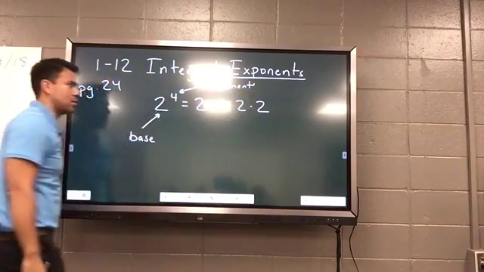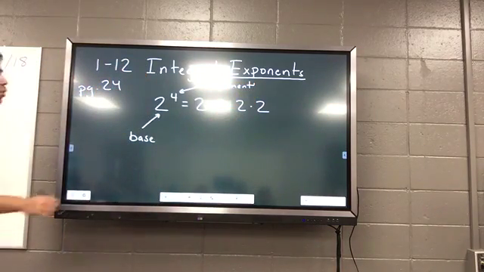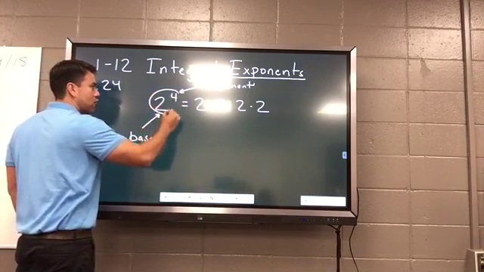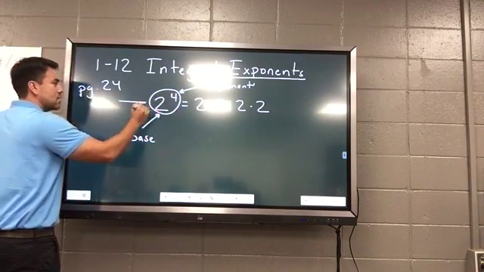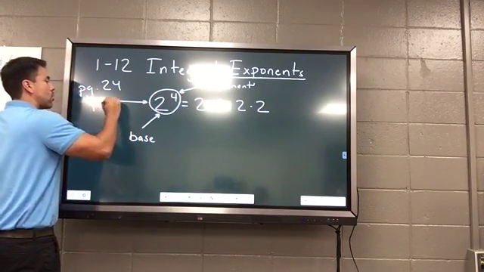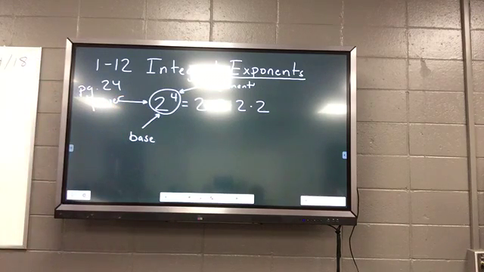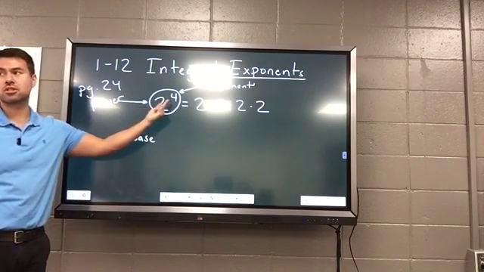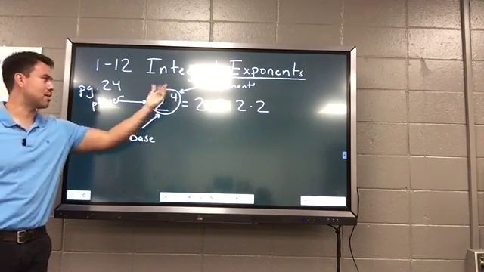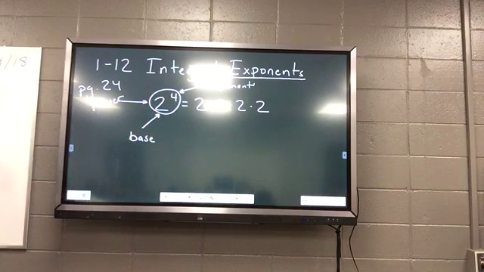And the whole thing, 2 to the 4th power, is called a power. Or you could say the power of 2, or 2 to the 4th power. I know that's kind of confusing for some, but when I'm referring to power, I'm talking about the whole expression together. Base, exponent, the whole thing is called the power.